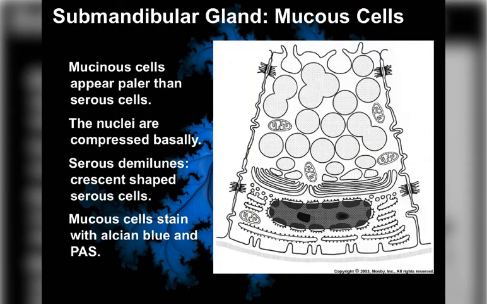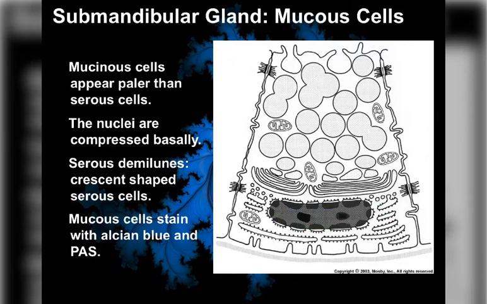Mucous cells, and this description applies to mucous cells in all salivary glands, not only the parotid, not only the submandibular gland. Mucous cells appear paler than serous cells. The nuclei are compressed basally.